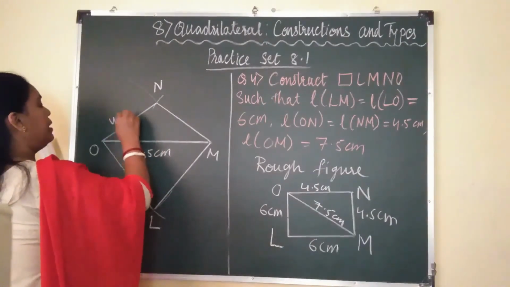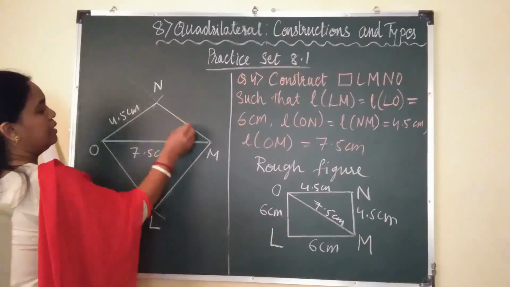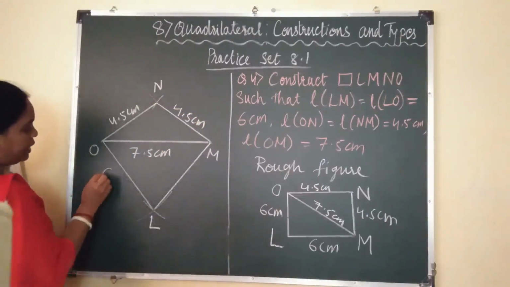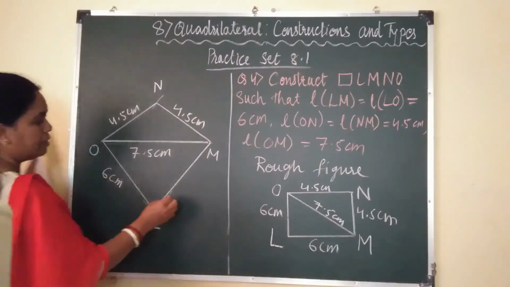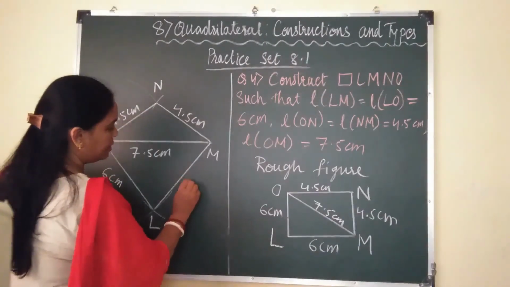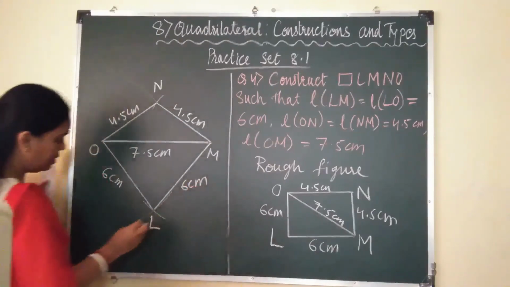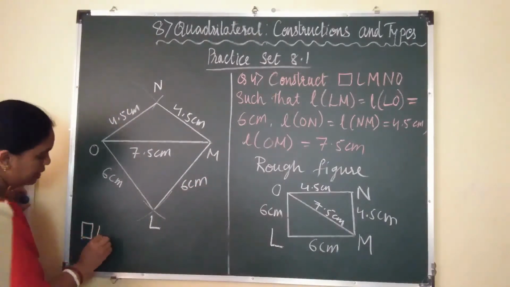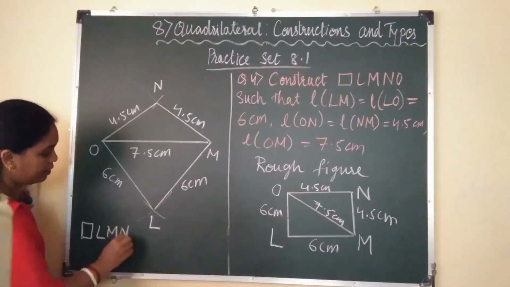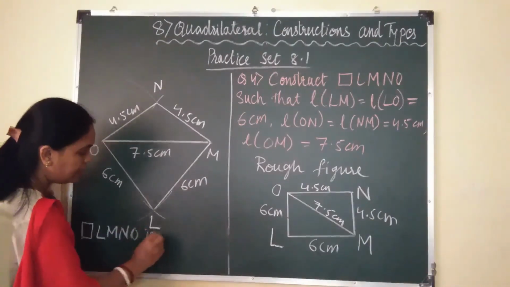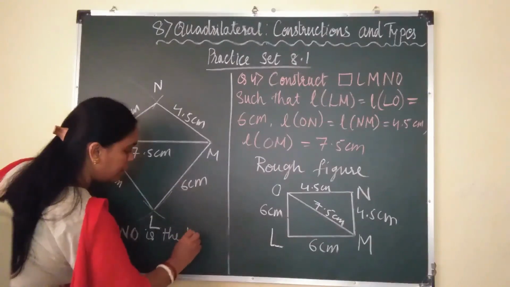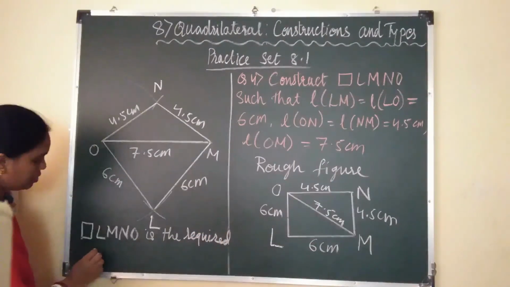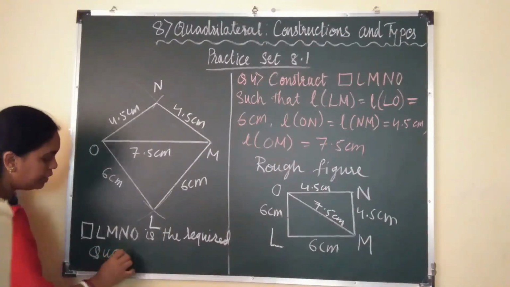ON was 4.5 centimeters, MN 4.5 centimeters, OL 6 centimeters and LM 6 centimeters. Thus, quadrilateral LMNO is the required quadrilateral.